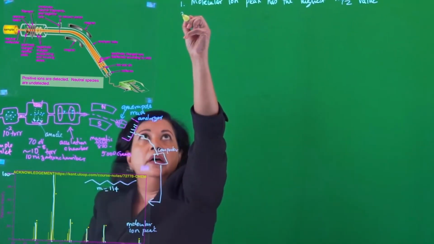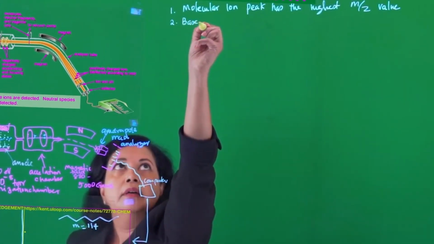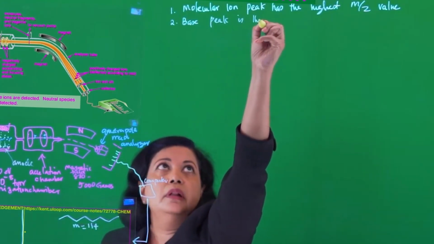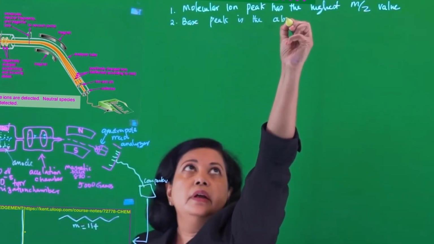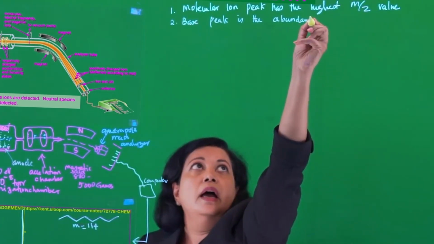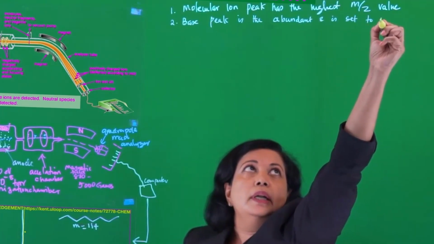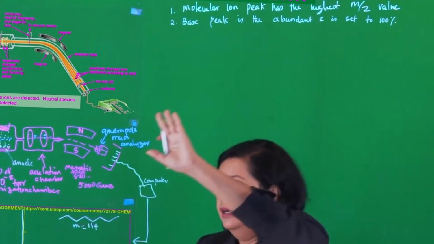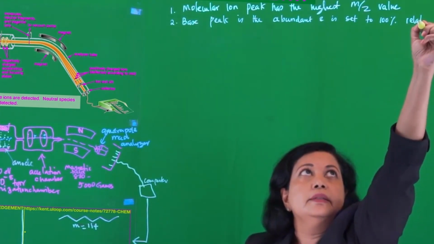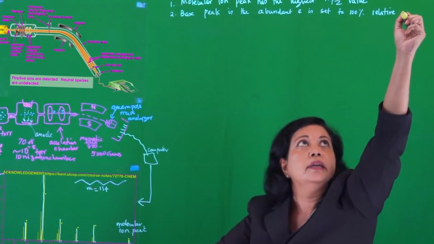Two, the base peak is the most stable or the most abundant, mostly because of its stability, and is set to 100% intensity. It says relative intensity because all the others are measured against the base peak.